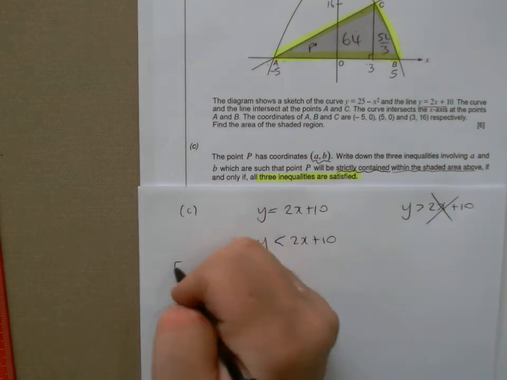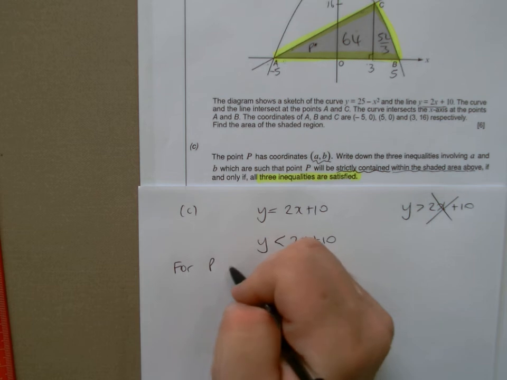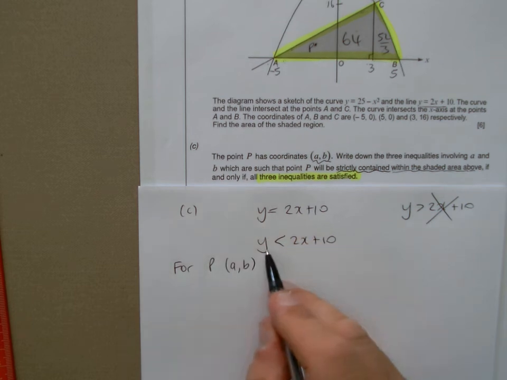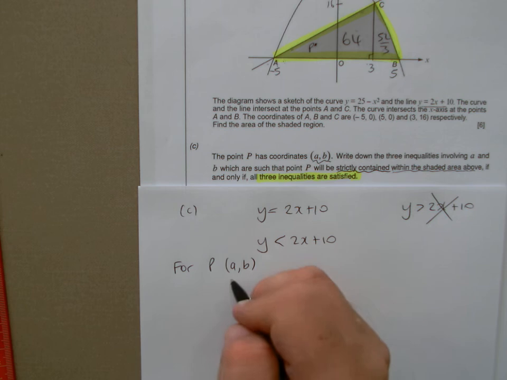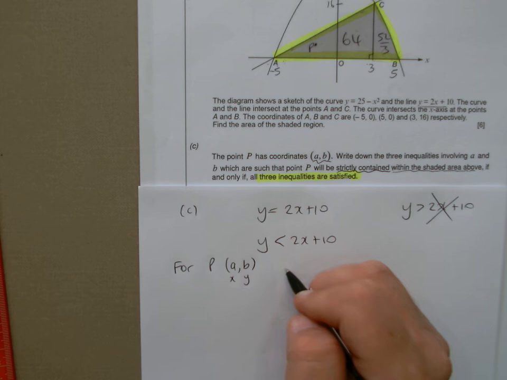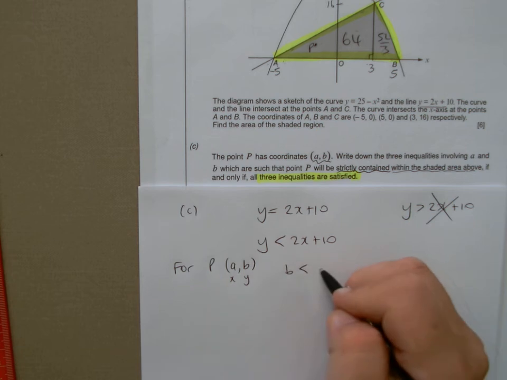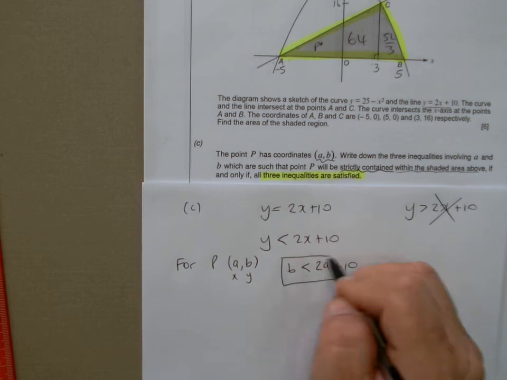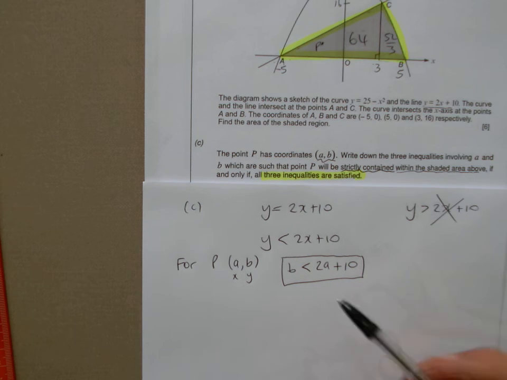So for P being the coordinate (a, b), we can substitute in our a and b. In this case, my x would be a and my y would be b, because that's the order we follow. So we'll put b is less than 2a plus 10. So that's our first inequality.